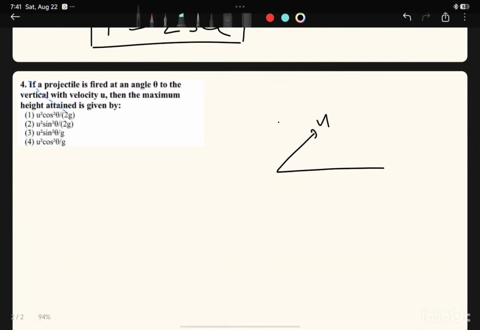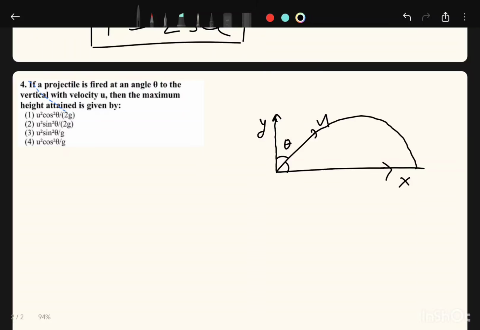And it is making angle theta not with horizontal, okay? It is making theta angle with vertical, which means with y-axis, okay? Right. So your angle made with horizontal will be 90 minus theta instead of only theta.